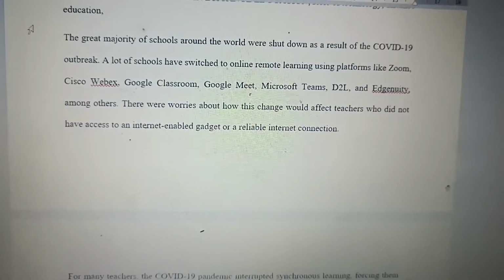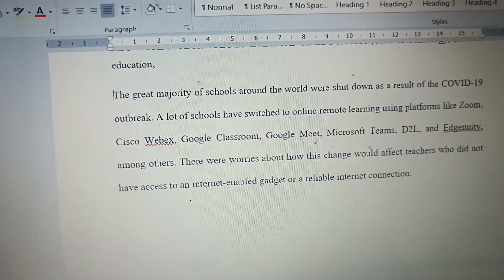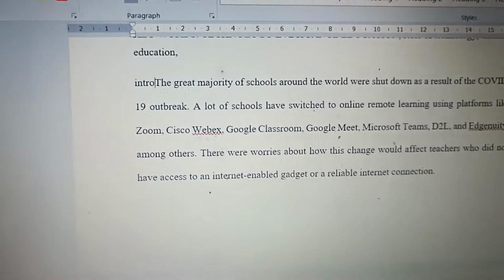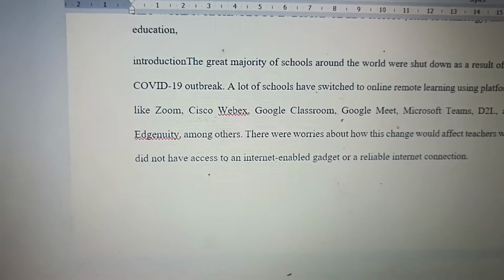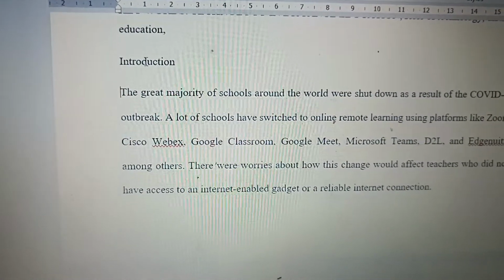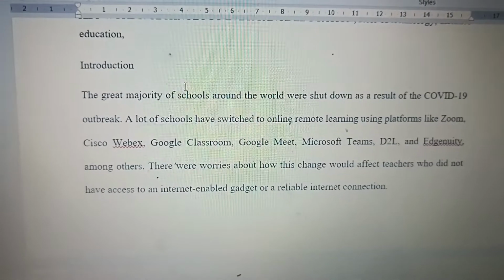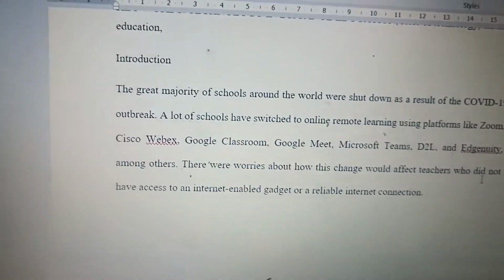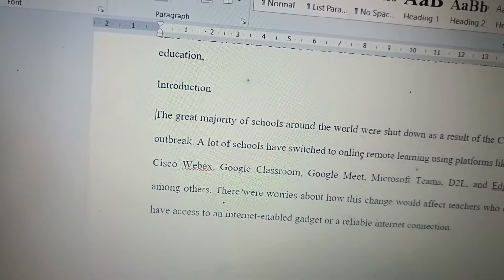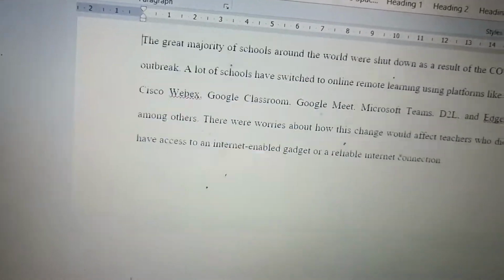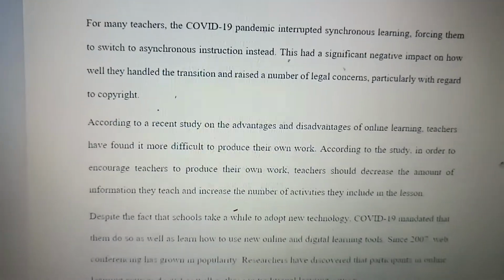Here I forgot to mention the introduction, the caption. Let me do it. Okay, all right. And this has to be highlighted. Okay. And here in the introduction, I have written regarding the role of technology in distance education during COVID-19.